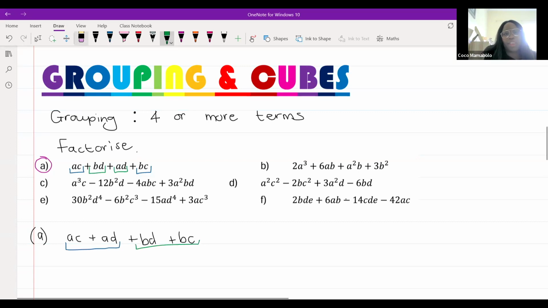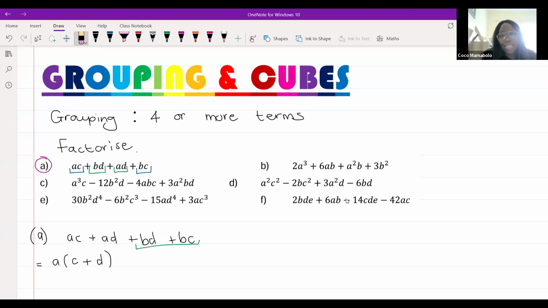What is the highest common factor in the first 2? Good. Mandisa, you're on a roll. Well done. Yes, Tandelutu. Excellent. So we're going to take A out as a common factor. If I take A out, I'm going to have C plus D left.